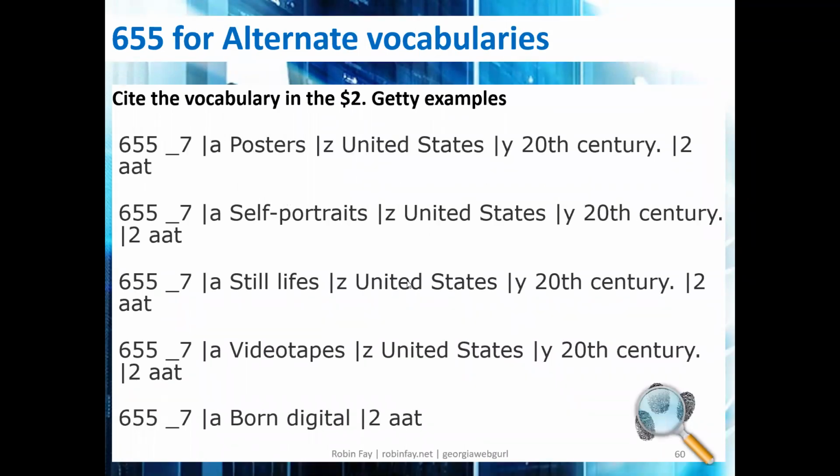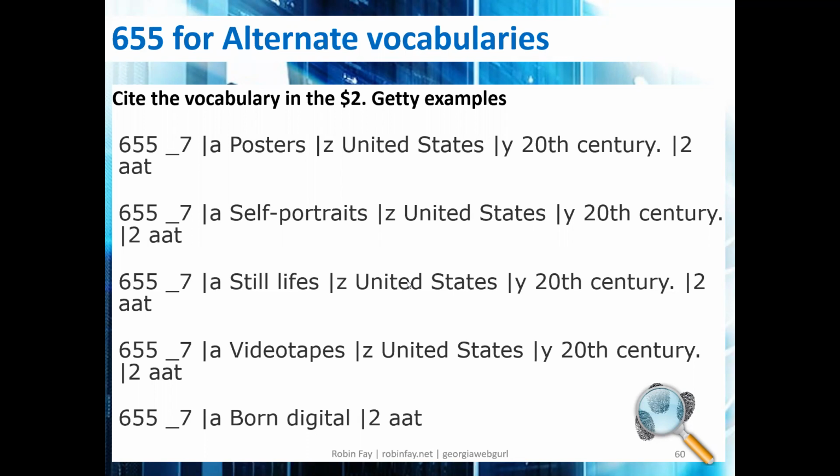And speaking of new, we can also now use the 655 for alternative vocabularies. These are Getty examples, from art and architecture. So AAT, art and architecture. It follows the same format as defined for 655.